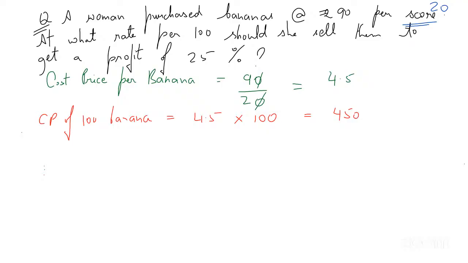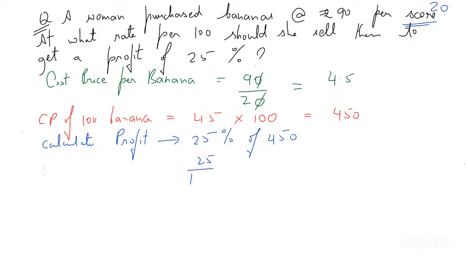Okay, then in the next step we calculate the profit. For that, we will do 25% of 450. So 25 upon 100 into 450.